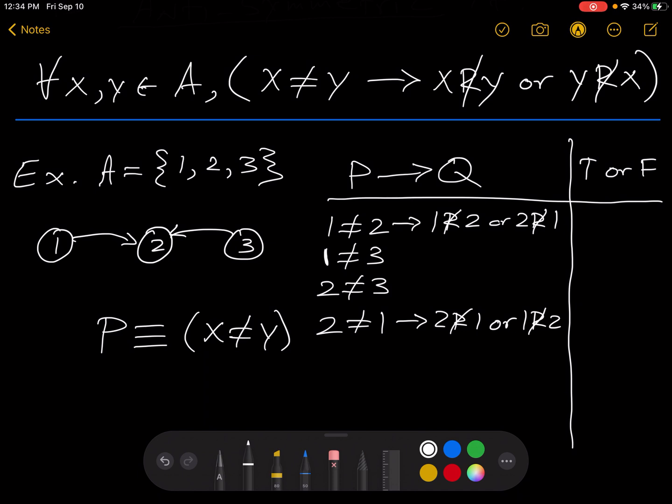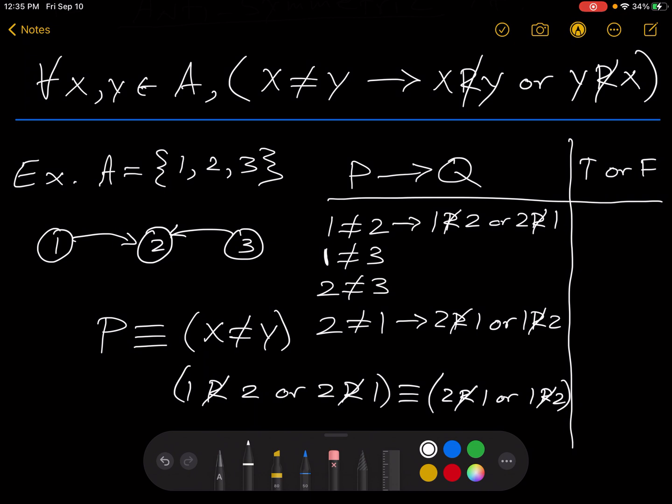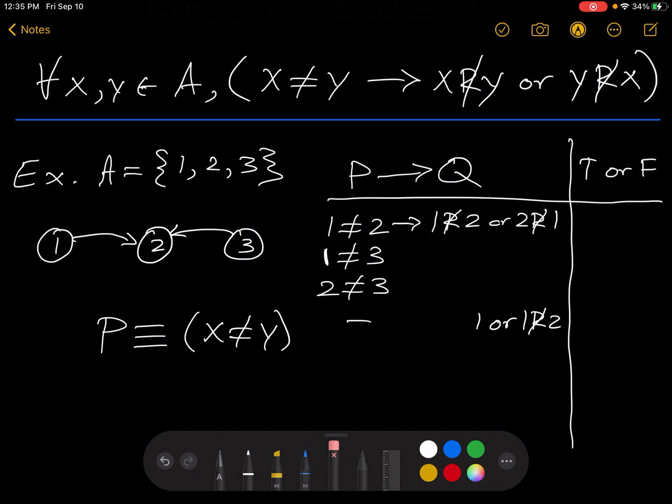Now, 1 not related to 2 or 2 not related to 1 is equivalent, and you could show this with a truth table. That's equivalent to 2 not related to 1 or 1 not related to 2. So because of that equivalence, I don't really need to write all the cases where 2 is not equal to 1, 3 is not equal to 1, and 3 is not equal to 2.